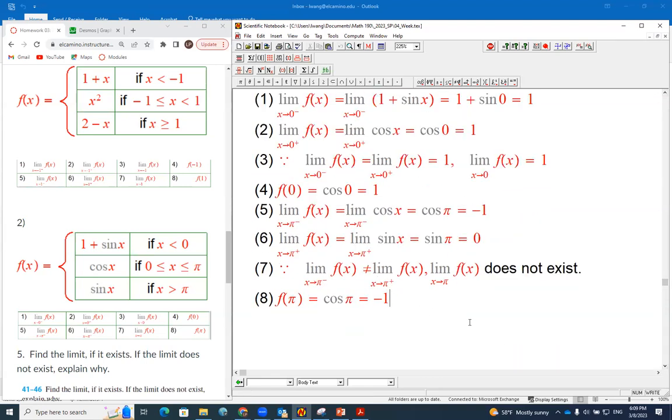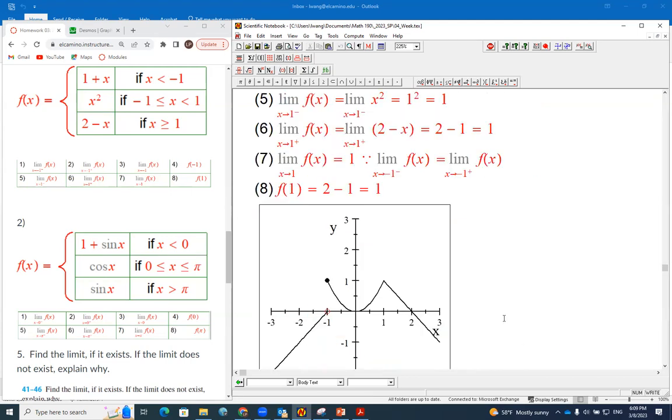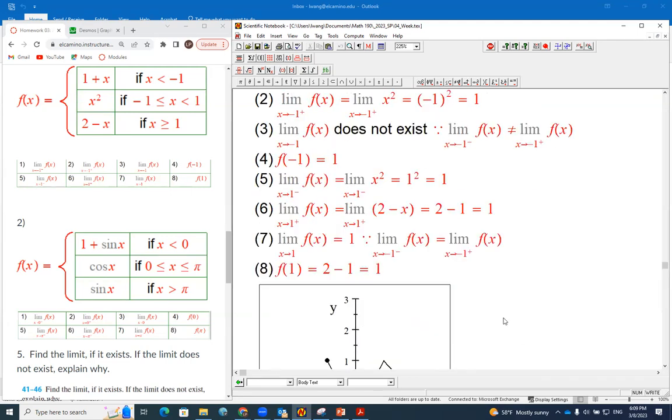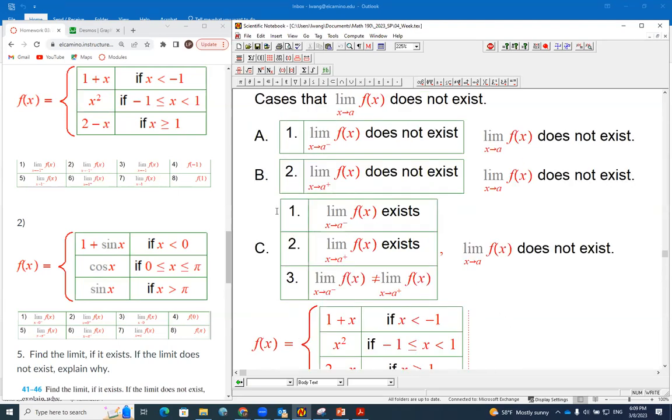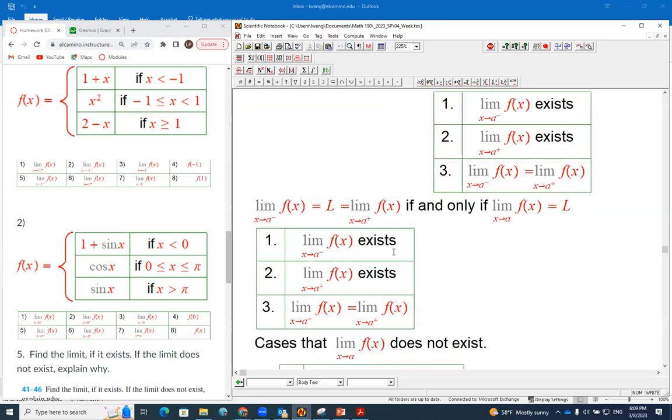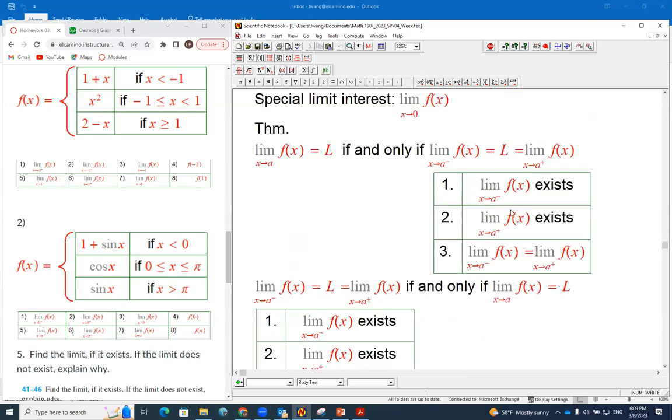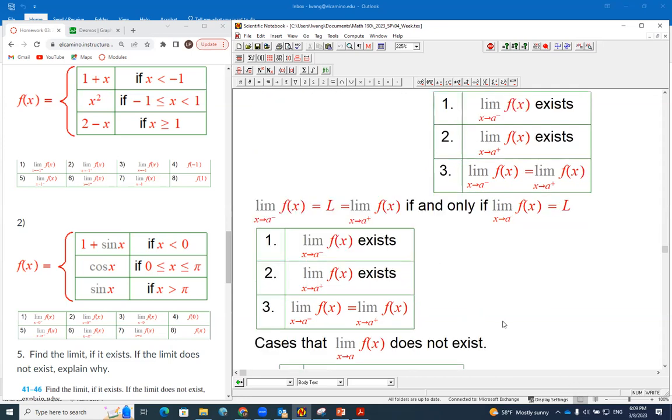We have two cases. One case is the C case, and the other case is that all of these are true. Well, we're really just testing you guys on these things.